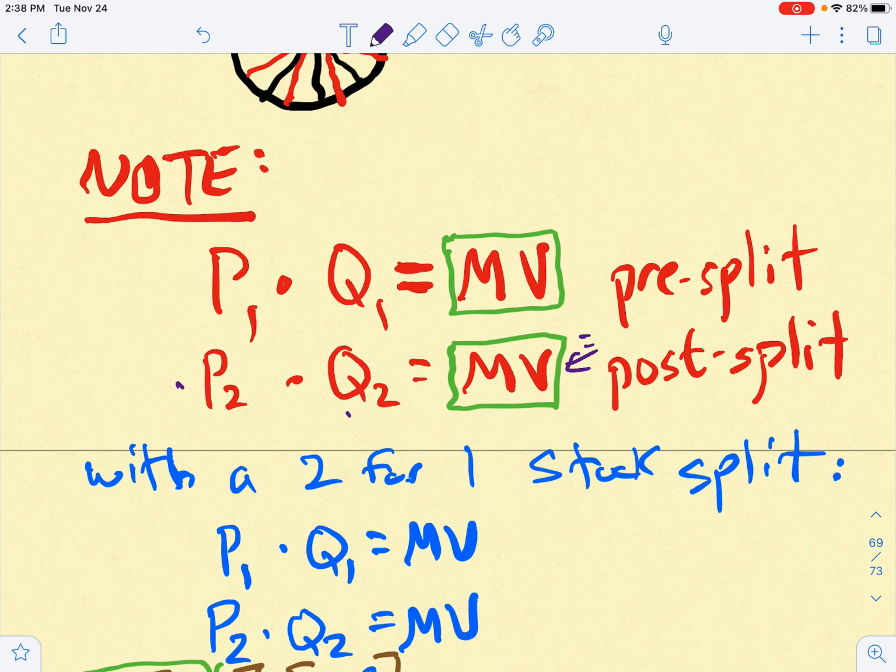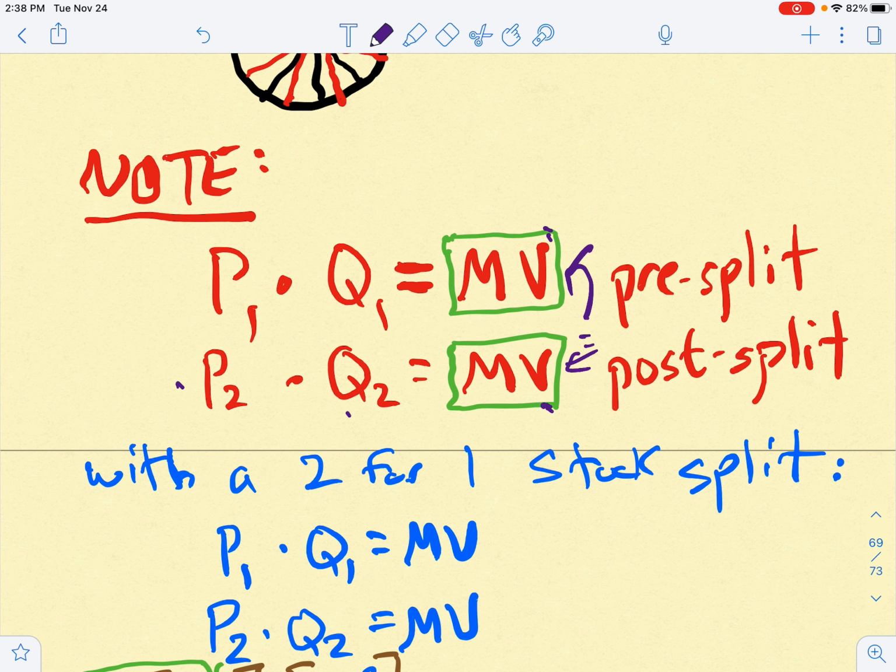This equals this. Okay? It has to be the same. Nothing else would make sense. Okay? That market value here equals this market value here.